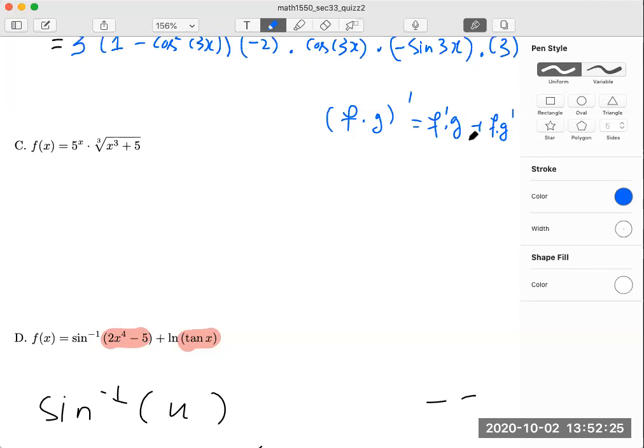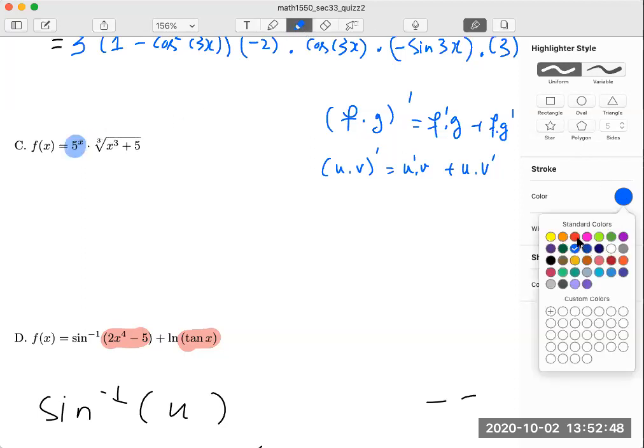Or you can memorize this formula in different notation: u times v, the derivative is u prime times v plus u times v prime. It's just a name, okay? Just a name. Then you need to determine which is which.